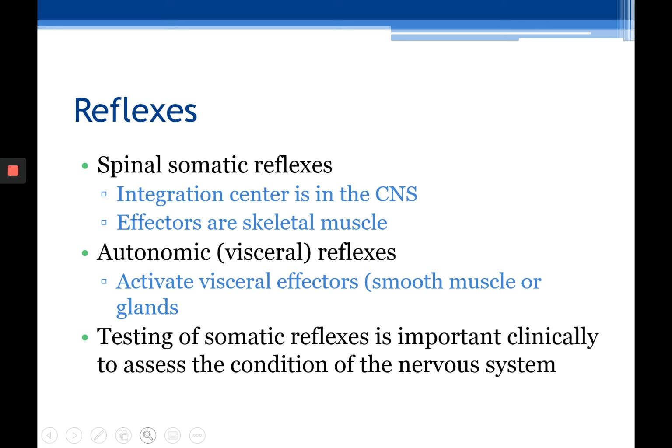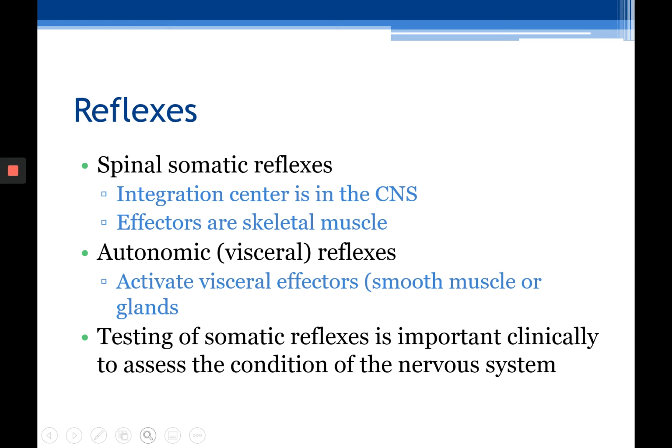The autonomic or visceral reflexes, so visceral is in the name, autonomic like automatic, so these are involuntarily controlled reflexes, and therefore they're also going to act on smooth muscle, cardiac muscle, or glands, which are automatically controlled effectors. Skeletal muscle is not automatically controlled, it's voluntary, and it's the somatic nervous system that actually controls the skeletal muscle.